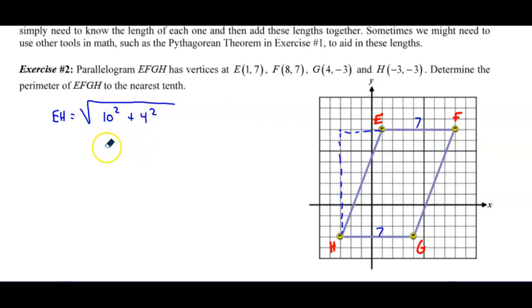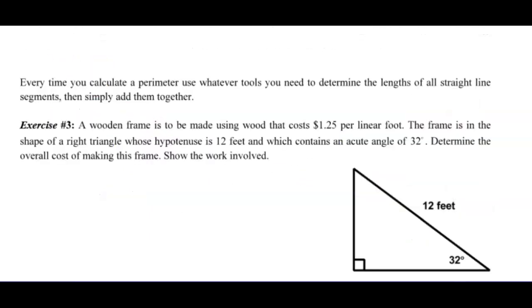So that's 100 plus 16, it's square root 116. And so to the nearest tenth, that comes out to about 10.77. So I have 2 of those, I have 2 sevens, the perimeter in total comes out to 35.54. Just taking the 2 sides that we were able to count horizontally and the 2 sides that we needed distance formula for. All right, next page.